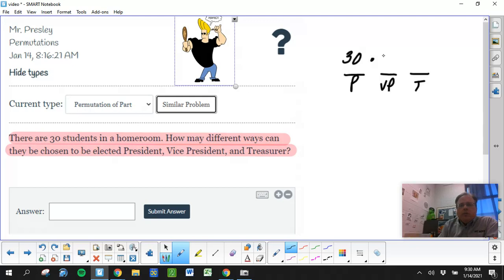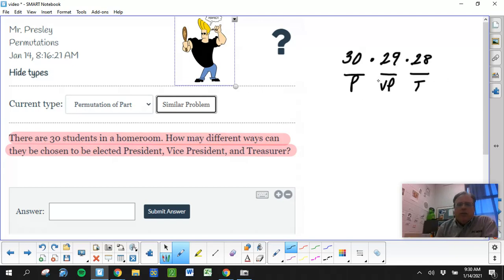So they step out of the room. All of a sudden, you only have 29 people. You choose a vice president. That person goes out of the room. Those two people now are out of the room. We're down to 28 people for treasurer. Why do we stop? Because there's no more offices. The other 27 people are just not going to be in the office.